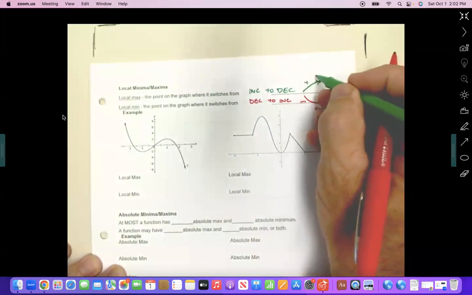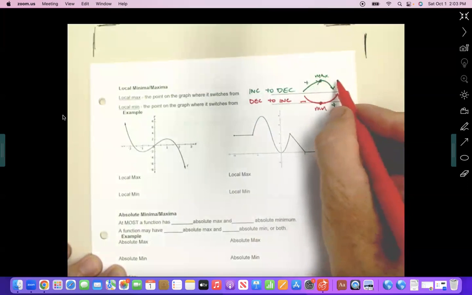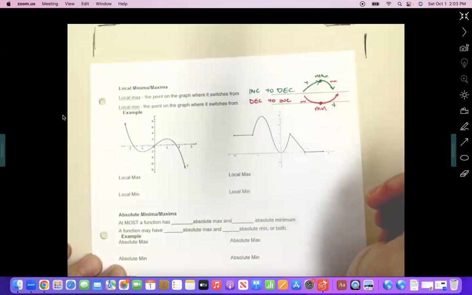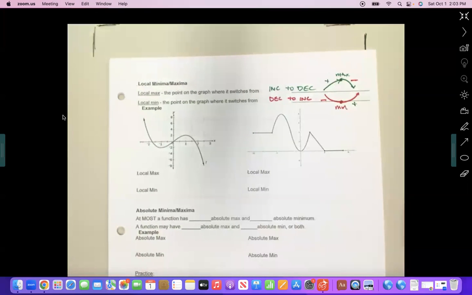Increasing, maximum. As soon as we go past the maximum, now we're decreasing. Let's take a look at these in the two graphs below. In each one of these, you'll see we repeat what we did on the other side.